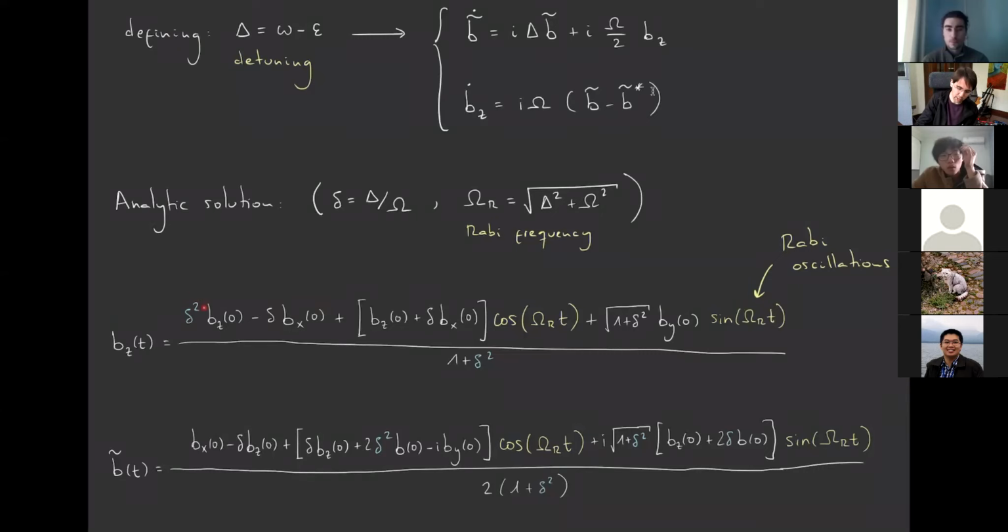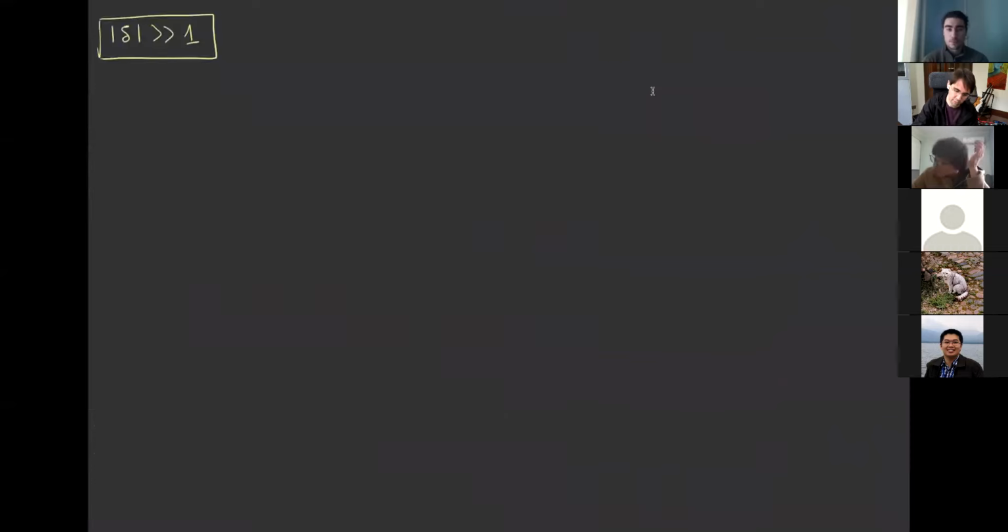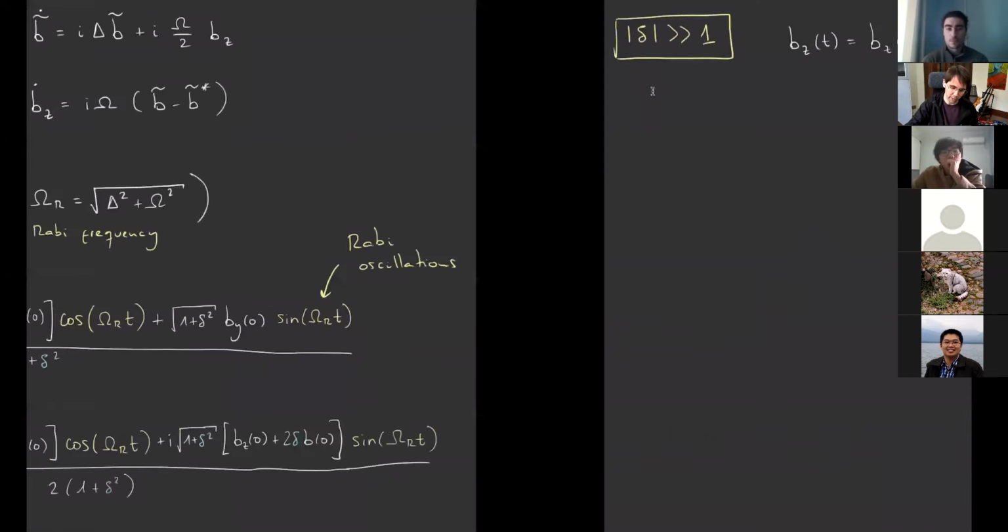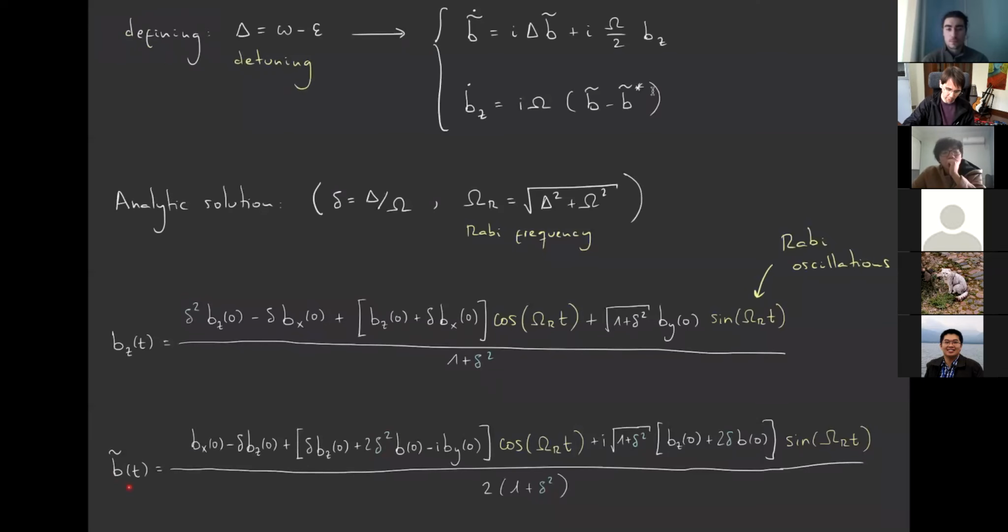Then the only term that survives is the delta square term, in which you have that BC is equal to BC of 0, okay? So let me just write down here the solution that BC of t is equal to BC of 0. On the other hand, for the B variable, here we have only one term that goes with delta square, okay, which is this term in here.